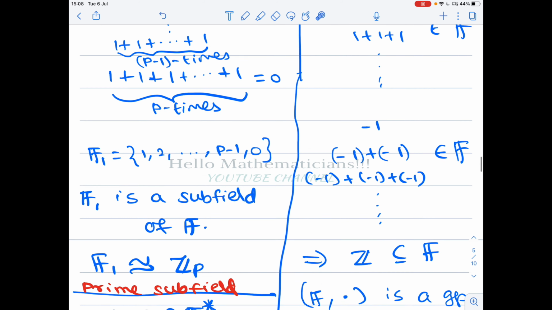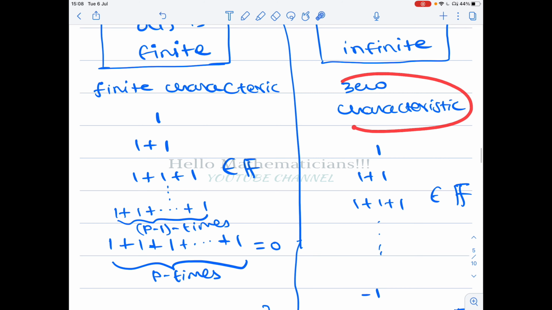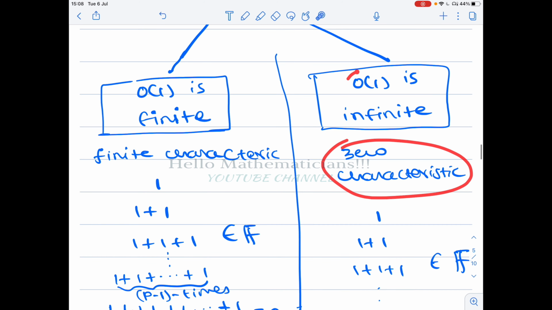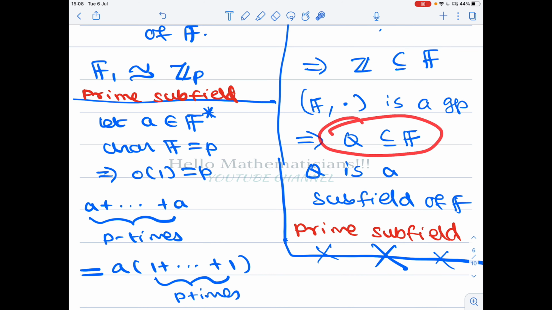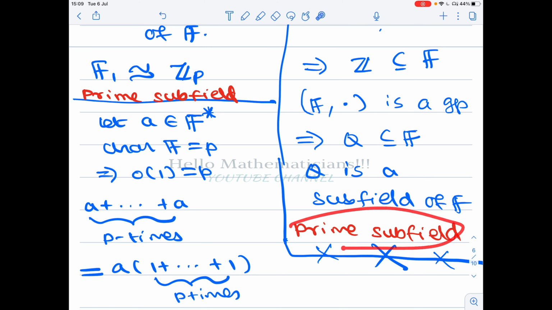So if the characteristic is 0, or in other words, if the order of the element 1 is infinite, then the field Q will always be a subfield of your field F. This Q is called the prime subfield of the field F. If F has characteristic 0, the prime subfield will be the field of rational numbers.